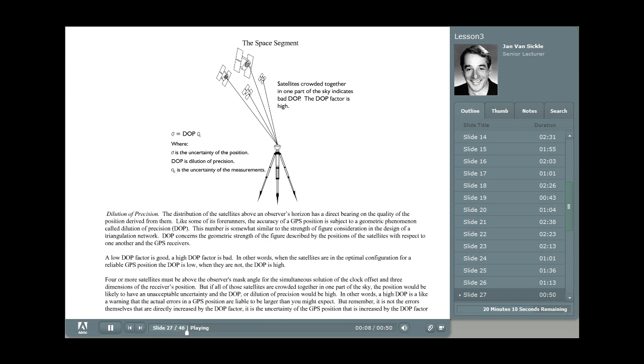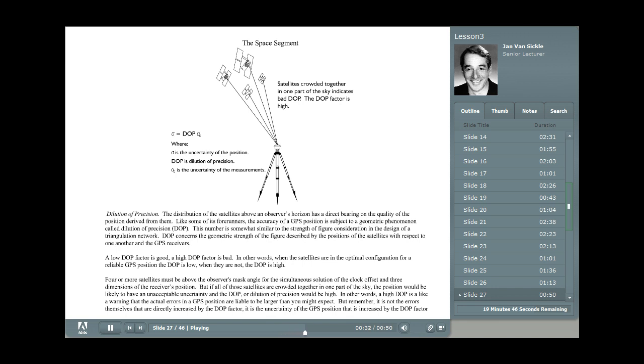The discussion of dilution of precision, or DOP as it's known, is appropriate to this portion on the space segment. Put simply, a high value for the dilution of precision is bad, and a low value is good. A high value happens when the satellites, the control points, are crowded into one part of the sky.